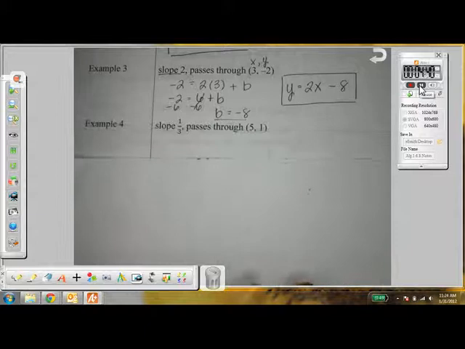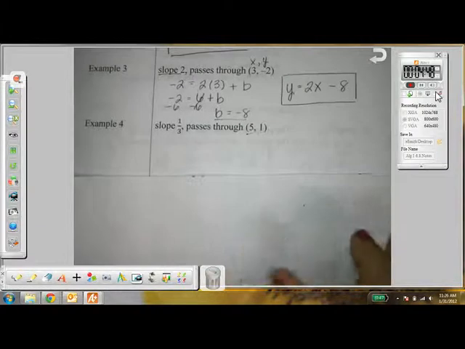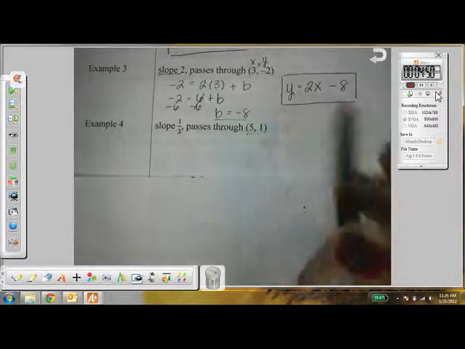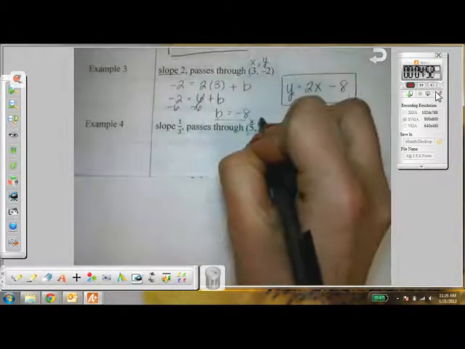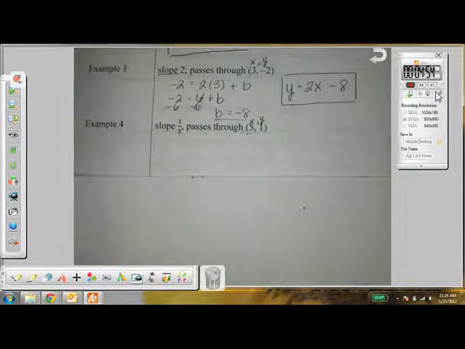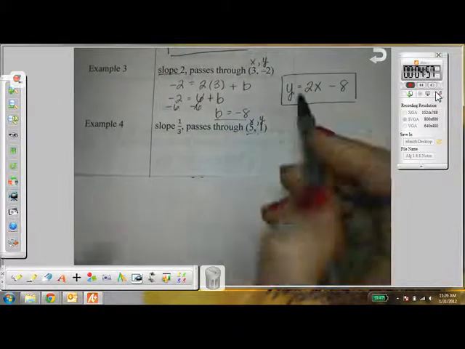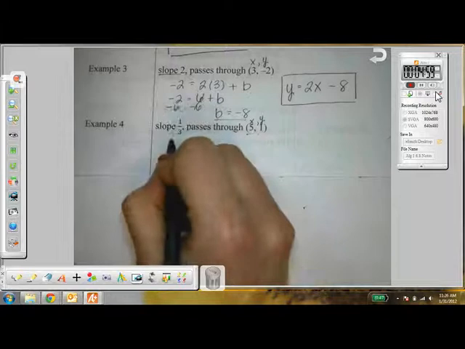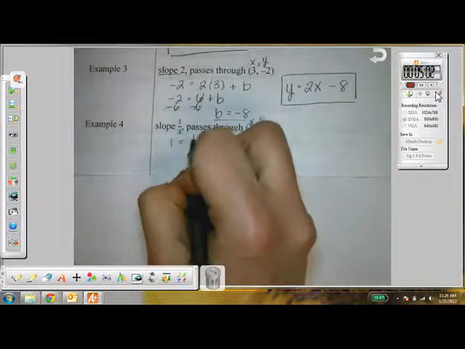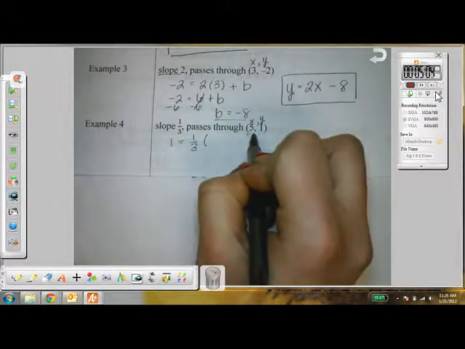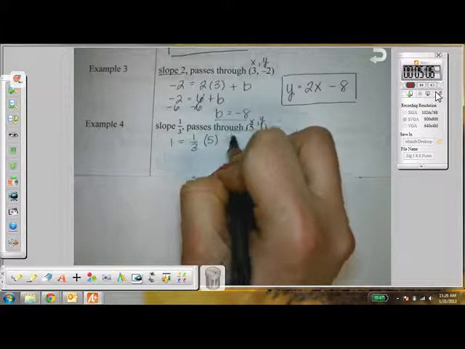Let's try example 4 now by yourselves, doing the exact same thing. Okay, guys, so what's the x-coordinate of this point? 5. And 1 is y. So what do I need to do? Plug it all in. So it's going to be 1 equals 1/3 times 5 plus b.